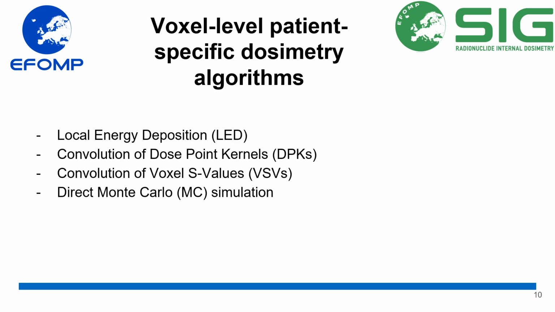Now let's focus on voxel-level patient-specific dosimetry, giving an overview of the four algorithms employed to date: local energy deposition, convolution of dose point kernels, convolution of voxel S values, and direct Monte Carlo simulation.